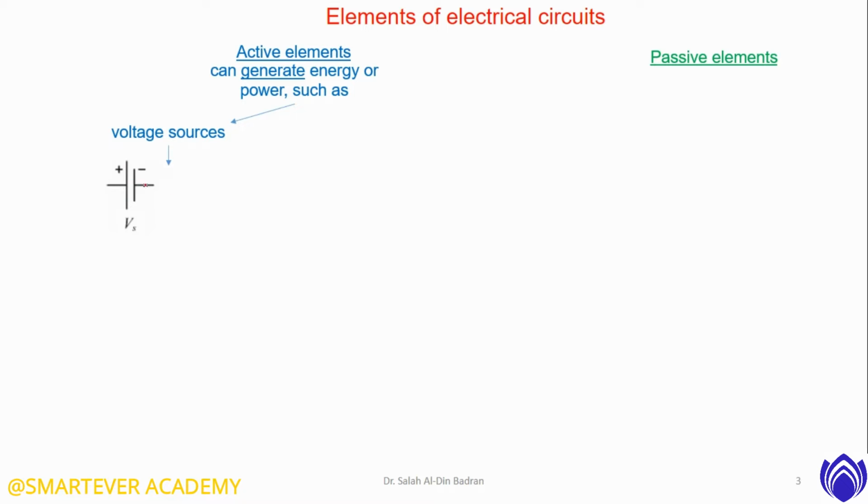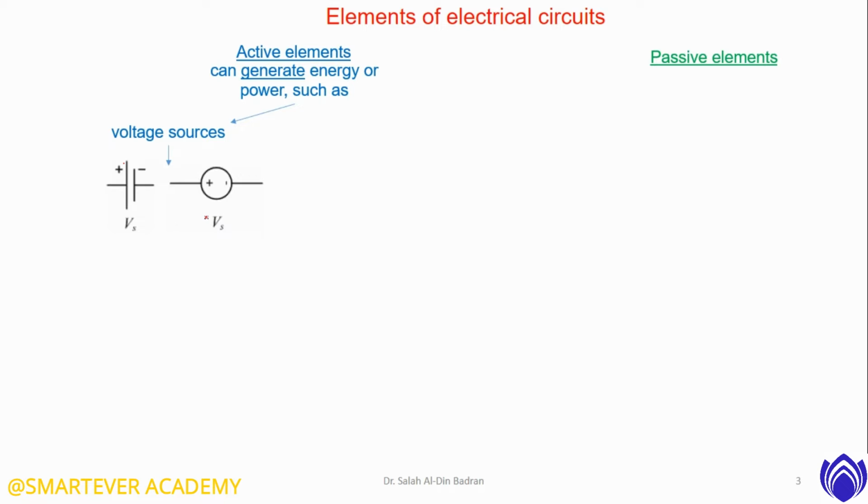The schematic symbol of the voltage source is like this. This vertical bar denotes the positive polarity of the source, and the small bar denotes the negative, Vs voltage source.